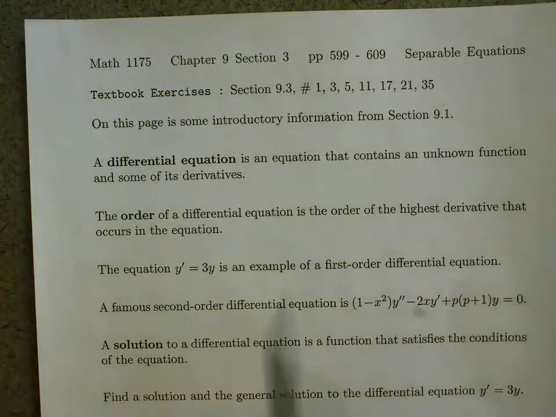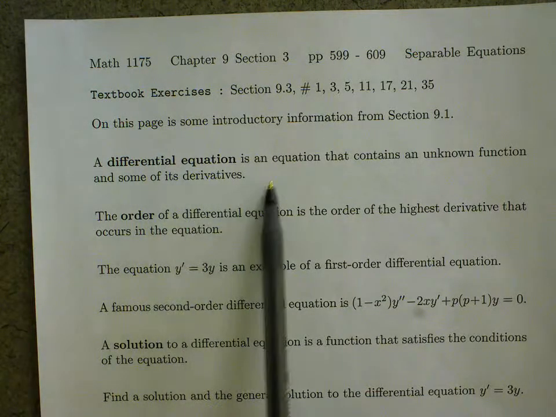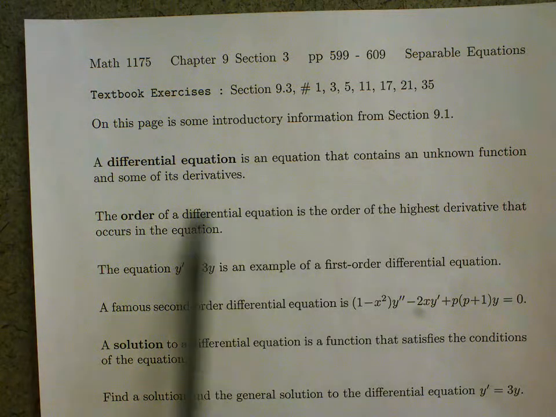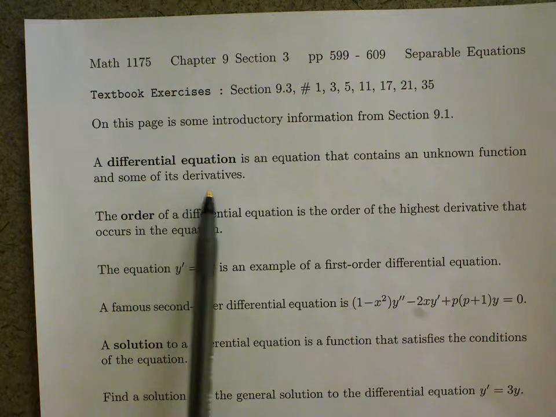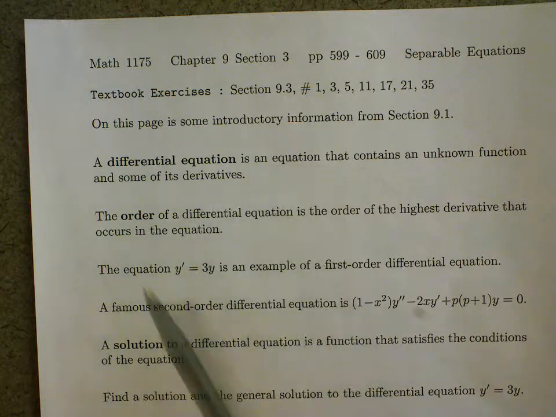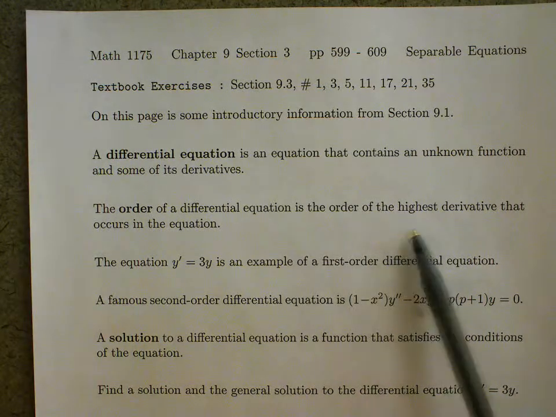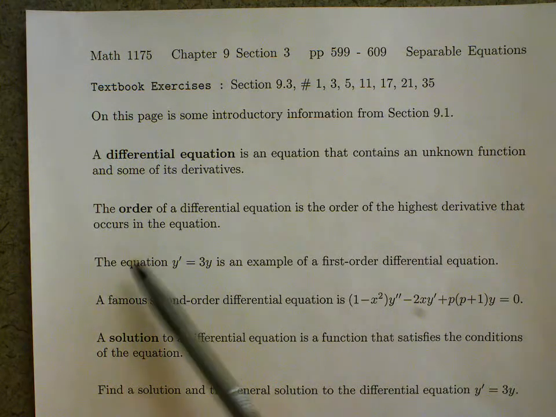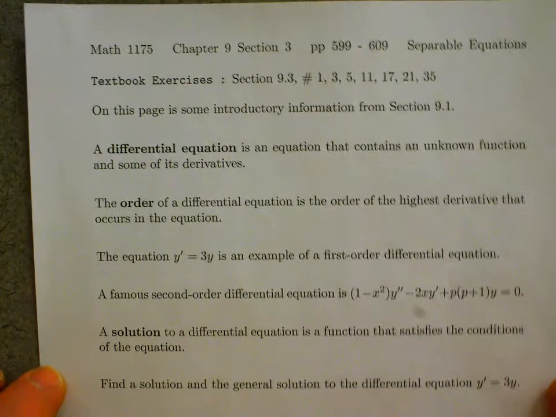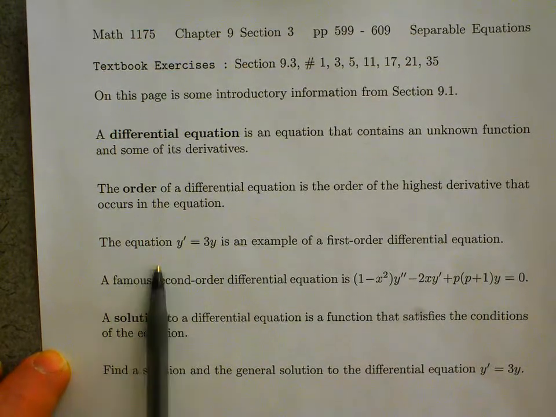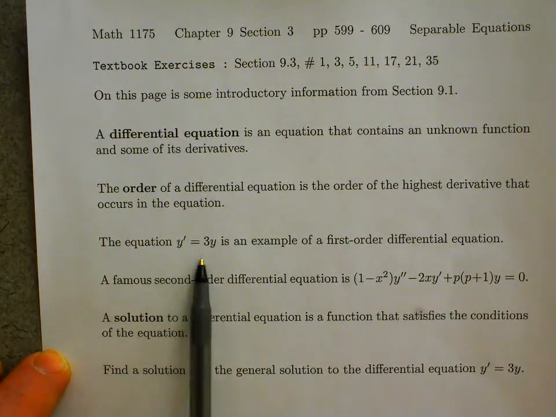So a differential equation is an equation that contains an unknown function and some of its derivatives. The order of a differential equation is the order of the highest derivative that occurs in the equation. An example of a first order differential equation: y prime equals 3y.